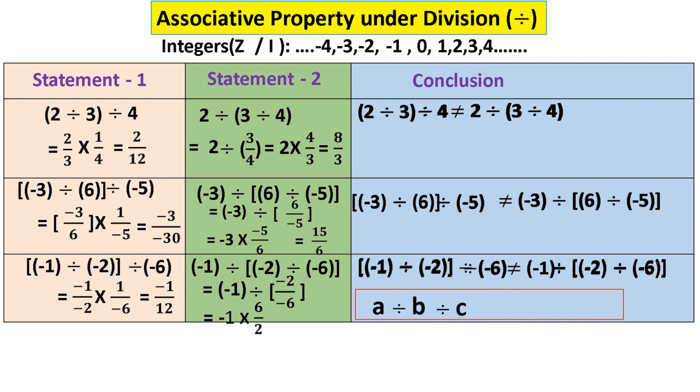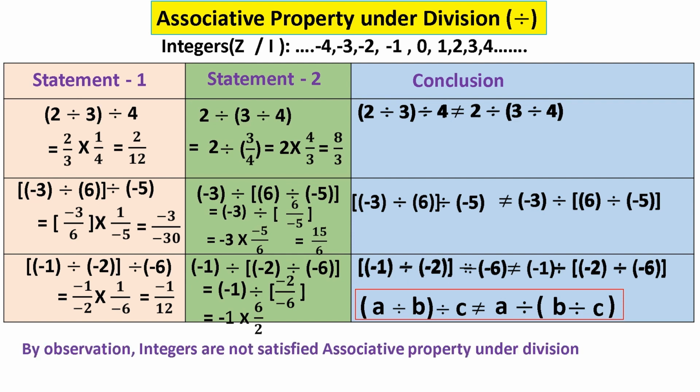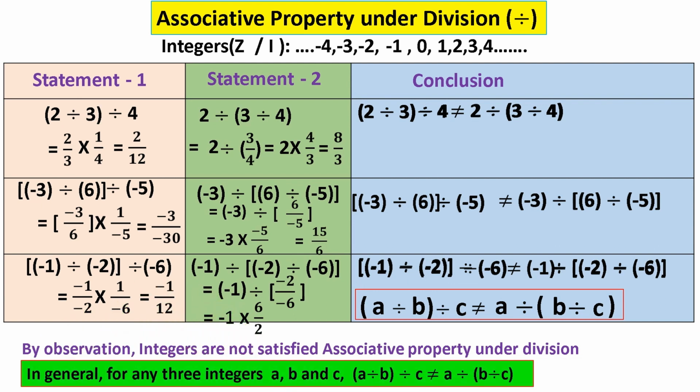So here, a divided by b divided by c: if we do the first two integers first, it is not equal to doing the last two integers first. So these are not equal. So my observation from this table: integers do not satisfy the associative property under division.